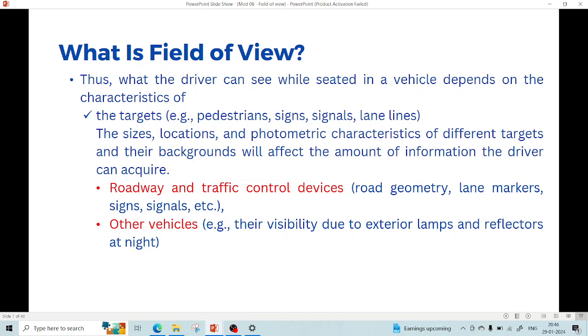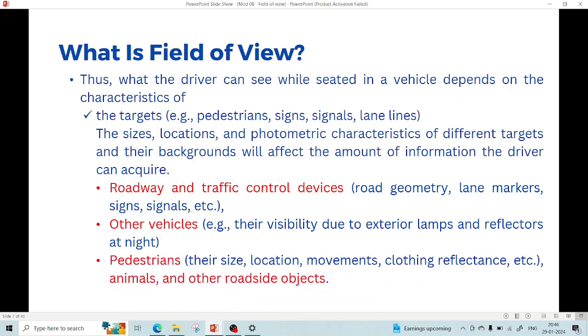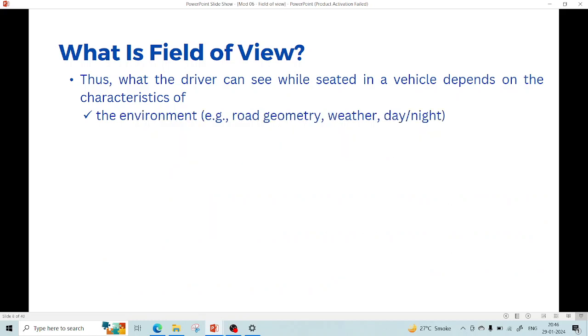A very important thing is pedestrians, the people crossing roads or walking on the pathways. Their size, location, movements, and clothing, along with animals and other roadside objects, will be categorized under the targets, and that will affect your field of view.